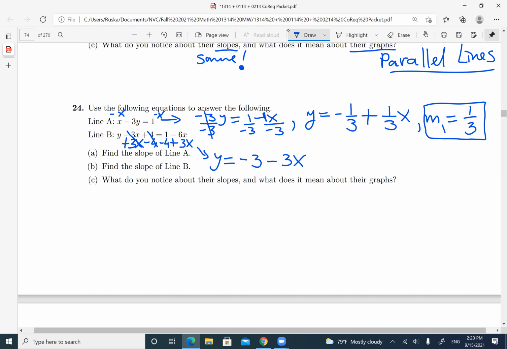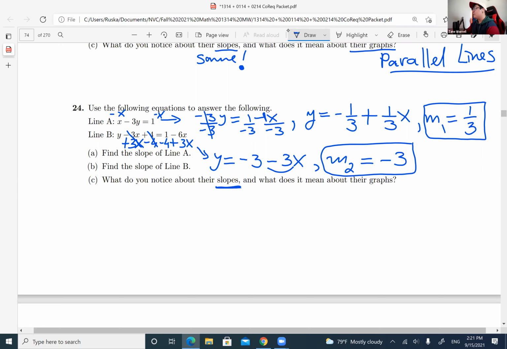Okay? So looking at this line, can you tell me what is the slope? -3. -3, good job. -3 is the slope. That's the number in front of x. So now looking at those two slopes, did you notice something about them? They're reciprocal, so it's perpendicular.